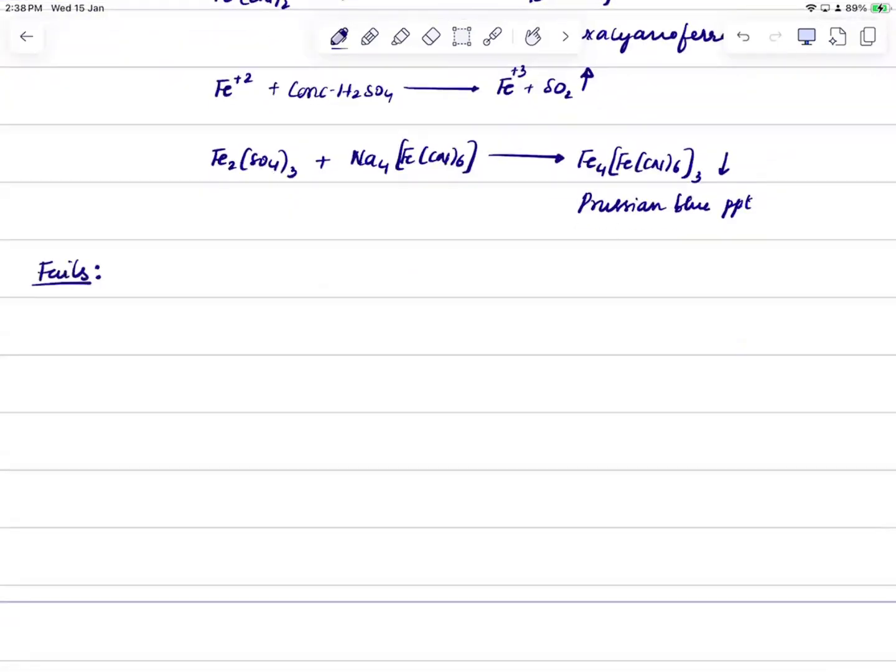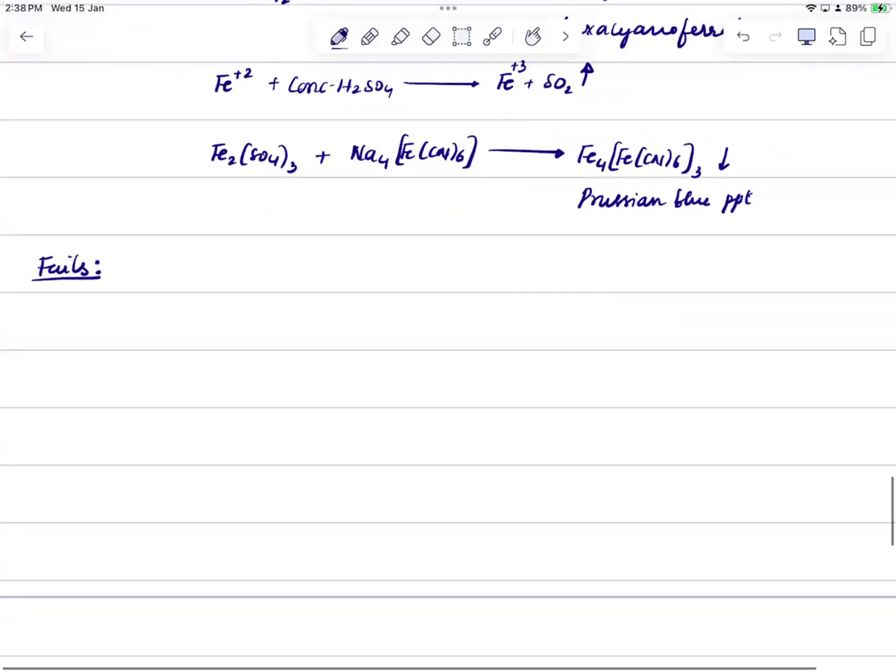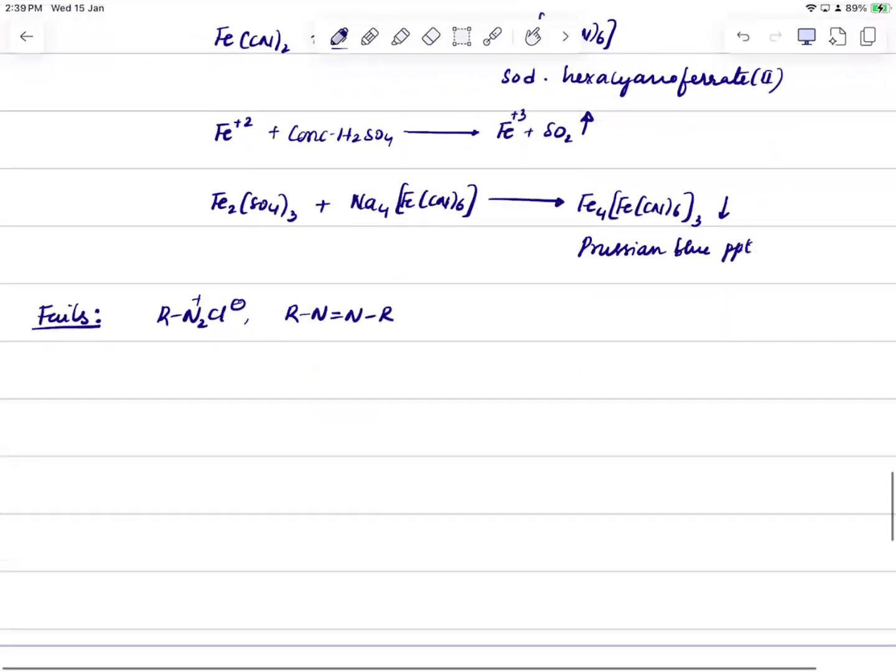It fails in the cases where you have any diazonium salts like N2 plus Cl minus, or if you have any diazo compounds like this. So in these two cases, Lassaigne's test is not observed for nitrogen. Clear?